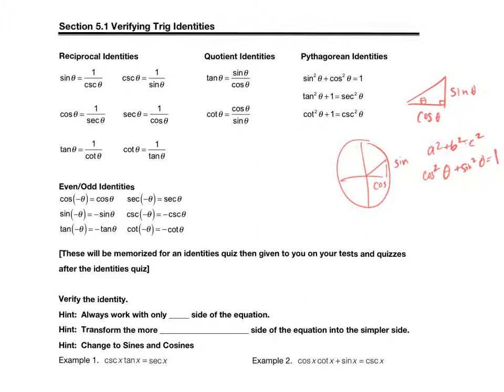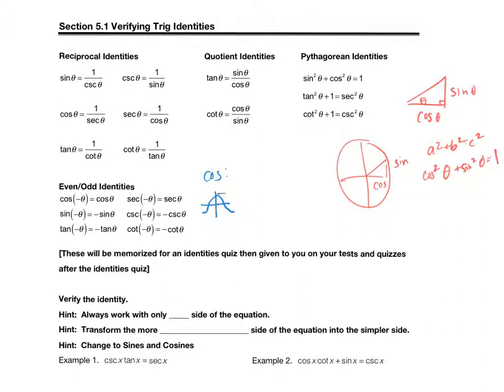Our even and odd identities talk about the shapes of the graph. You may remember even and odd functions from Algebra 2, but if not, we're going to look first at our graph of cosine. So cosine at x equals 0, or theta equals 0, starts here and it goes like this, and then it's symmetric over here.